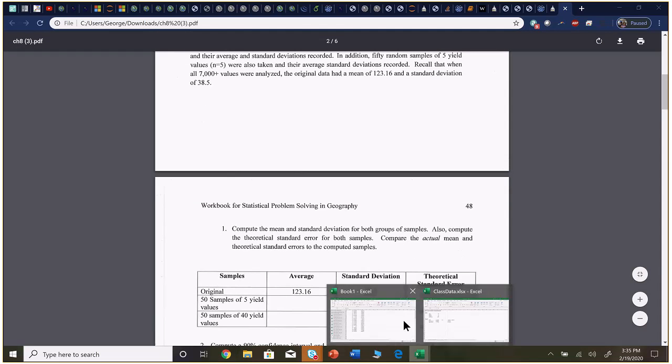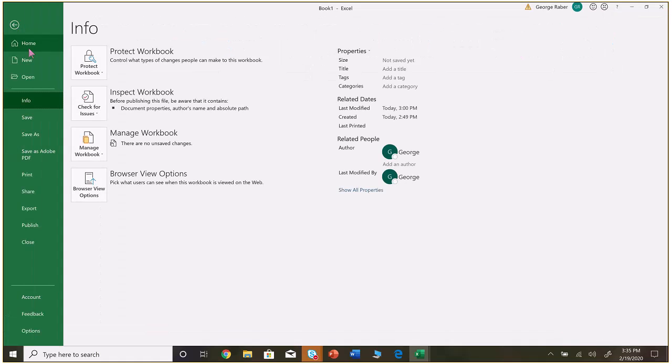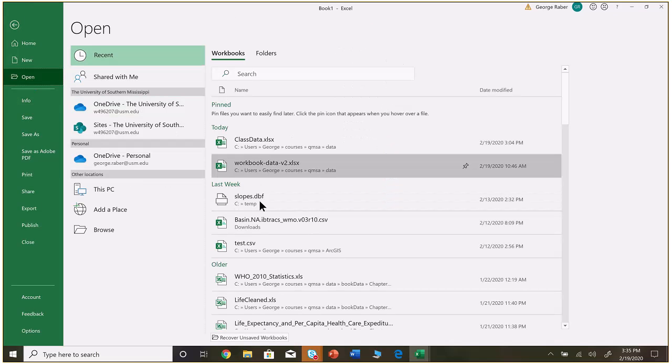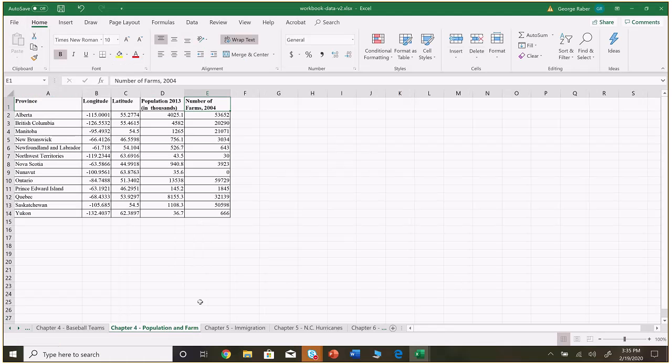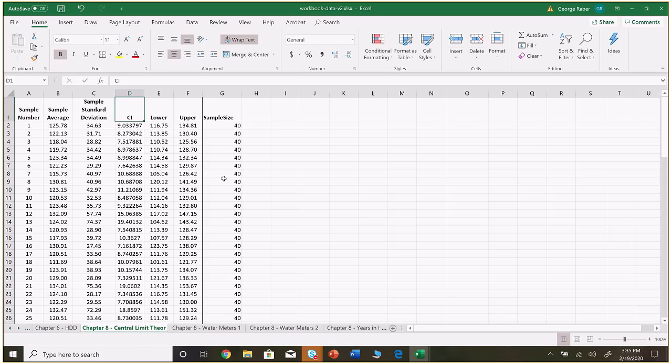This one is from the Excel table. If you open up the workbook table, it's the one, Chapter 8, central limit theorem. So this is basically doing kind of what we did, but a little bit more.